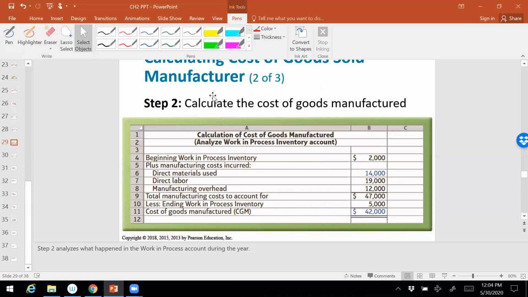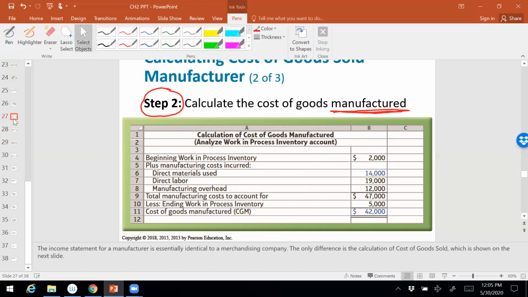So now this is step 2. We calculate the cost of goods manufactured. So how do we do this? Remember, how do we get cost of goods manufactured?